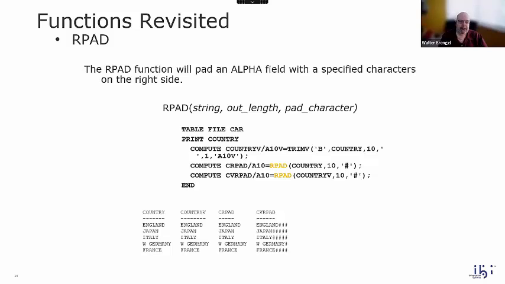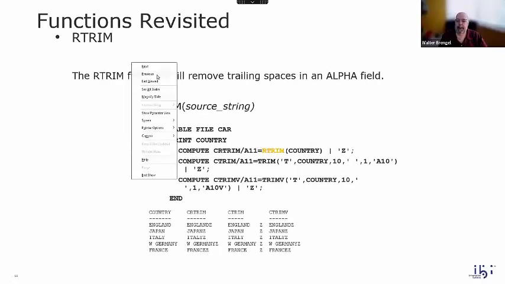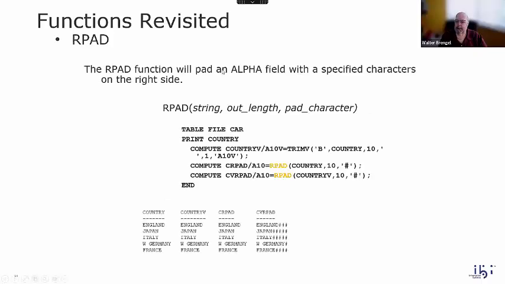RPAD pads your string, but on the right side. So we have CRPAD uses RPAD, and we're putting pound signs out to 10 characters. And then we have CVRPAD, which is doing it on an AnV field. So, well, that was a question: why in CRPAD do we not see any pound signs?